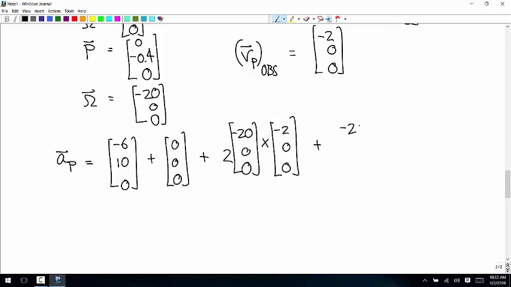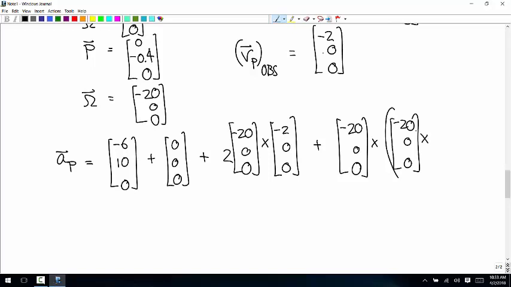Plus capital omega crossed with the quantity capital omega cross P, so 0, negative 0.4, 0. The third term goes away because if you take a cross product of two parallel vectors, it's 0.